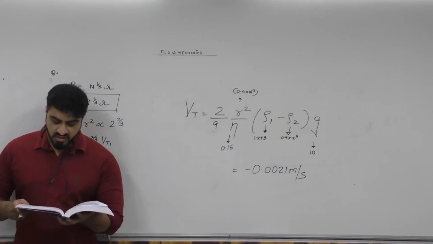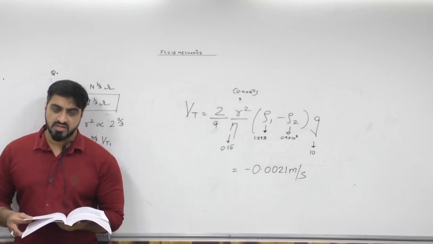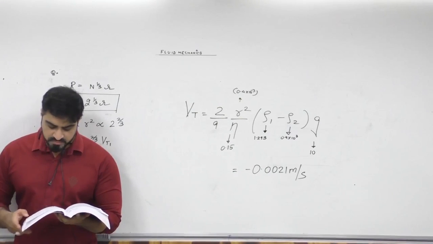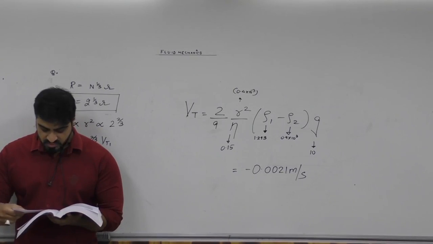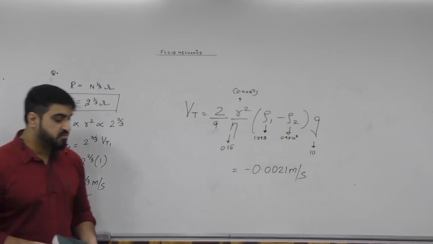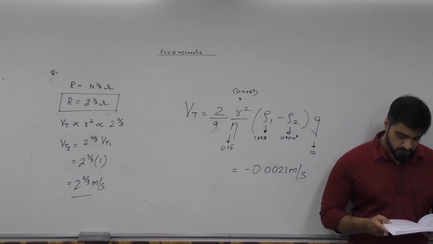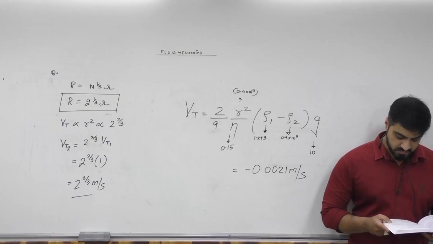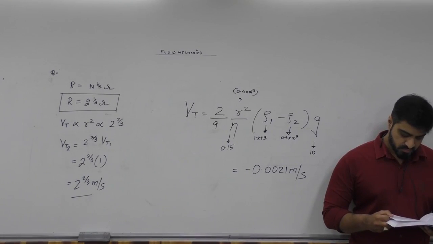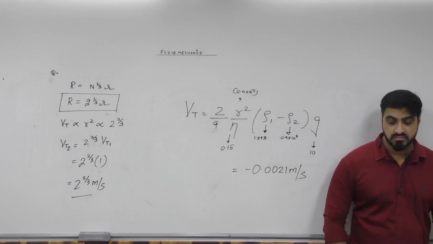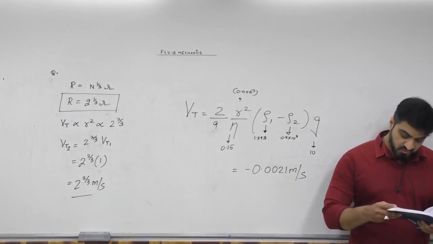Next question, right? A spherical ball of radius r and density rho falls freely under gravity through a distance h before entering the tank of water.